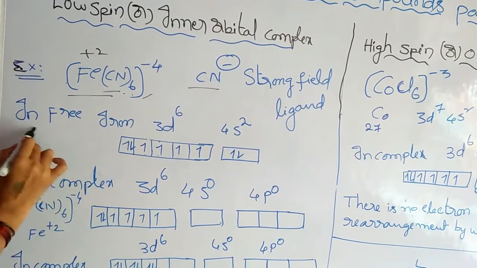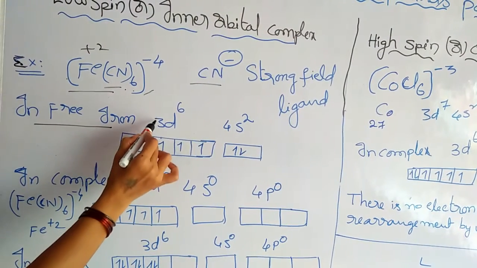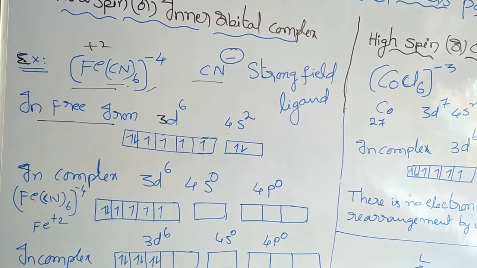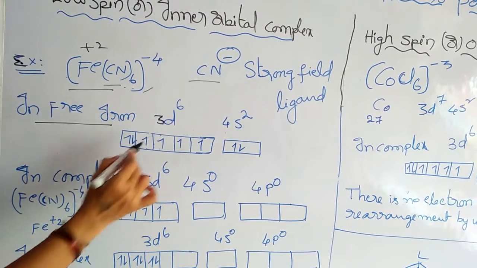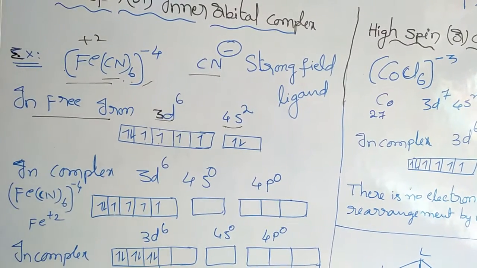In a free iron atom, the outermost shell electronic configuration is 3d6 4s2. In the 3d orbital, 6 electrons are there, and in 4s, 2 electrons are there.